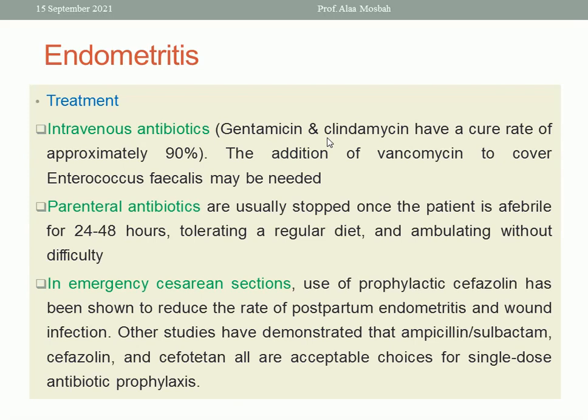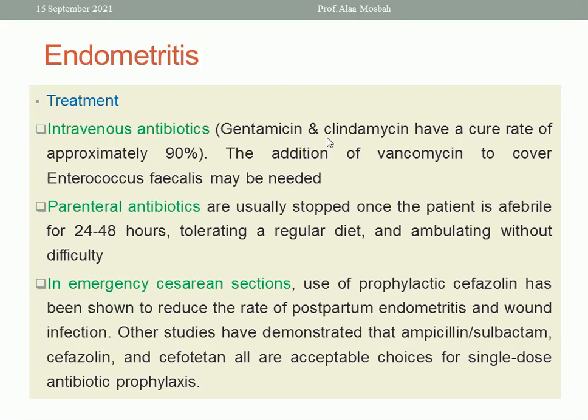When to stop parenteral antibiotics? Stop them if the fever subsides and the time after the drop of fever exceeds 24 to 48 hours, and the patient is now tolerating a regular diet and ambulating without difficulty, so there is physical improvement noticed very well. Then you can shift from intravenous antibiotic to complete the course with an oral one.